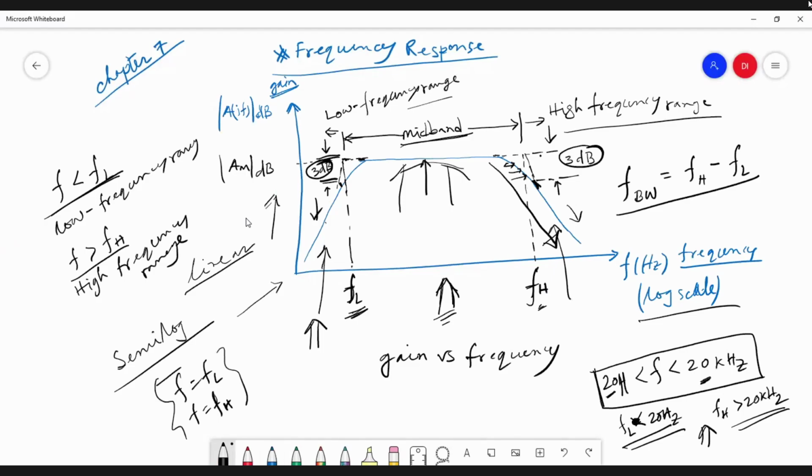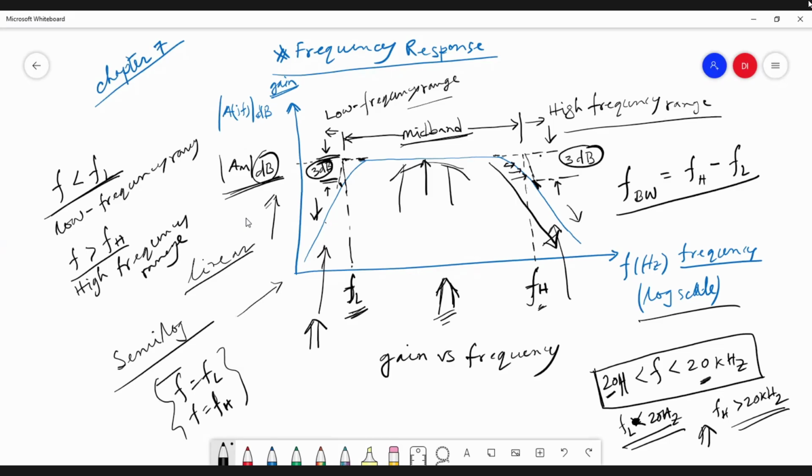In our frequency response analysis, usually the gain is indicated in dB. You are familiar with dB, right? What is dB? Decibel.